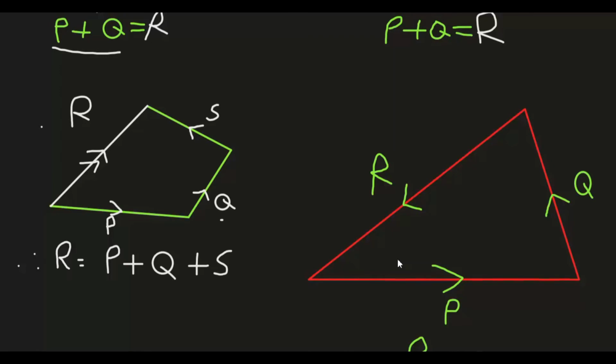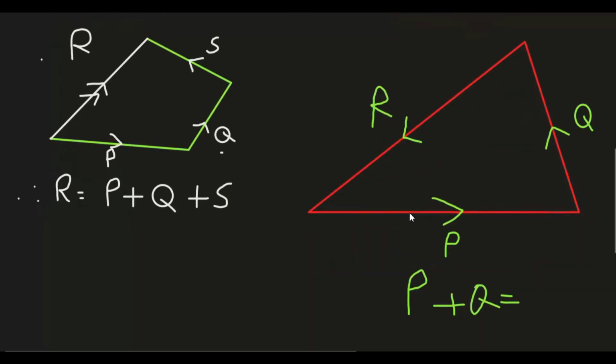Alright, let's see another case, and this is a little bit important and you need to understand it. So we have vectors P and Q. Here we can see that the tip of P is the tail of Q, right? So a vector should be drawn from P to Q. However, I have already drawn it, but I have given it a negative direction.